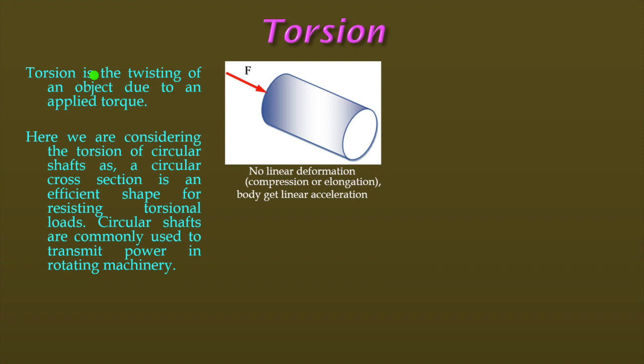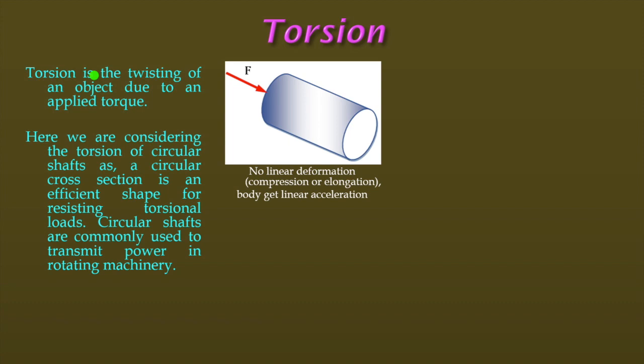The reason behind it is that in rotating machines like motor, generator, turbine, for power transmission a circular shaft is used. Then as torque is applied, these shafts are subjected to torsional force and hence twisting, which means torsion.